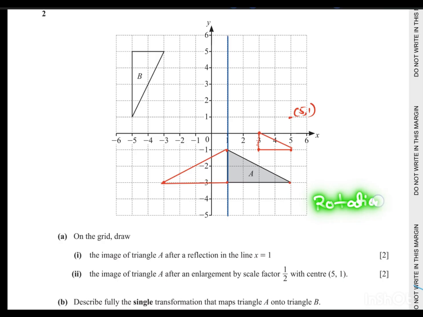Now for rotation we have to check the center of rotation. We have to find out the center of rotation, and then we also need to find out the angle of rotation and the direction of it. So because it is going this side like this, the direction is not anticlockwise, the direction is clockwise, because clockwise is like this. So yes, it is clockwise.